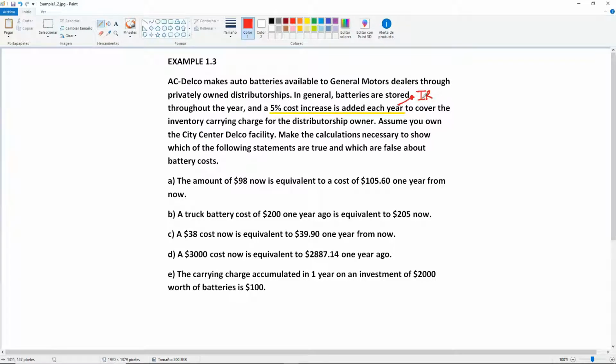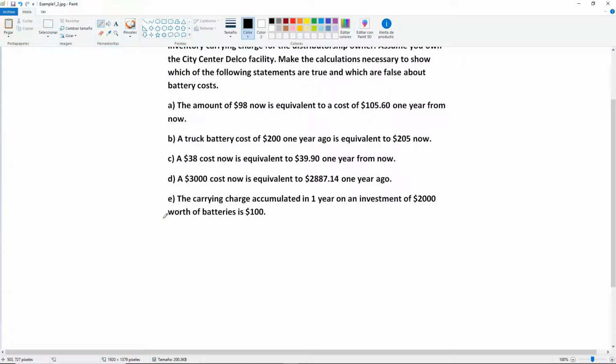Okay, and we go back and note our formula and put it here, that the end amount is equal to the original amount times 1 plus the interest rate.